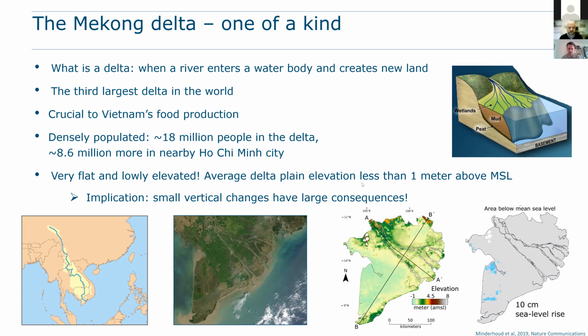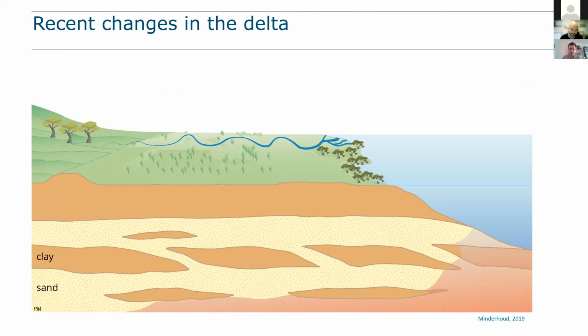A lot of changes happened in the Mekong Delta, but also in other deltas around the world. Here we see a natural landscape of a delta. Then when humans started using and occupying this delta, they started to change the land use and convert it to, for example, agricultural fields, building and growing cities, and also using natural resources such as groundwater.